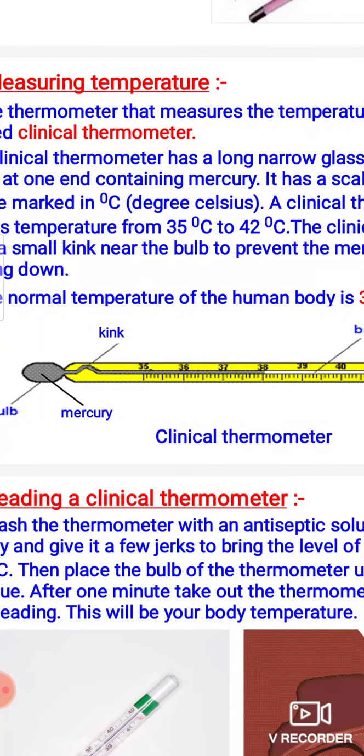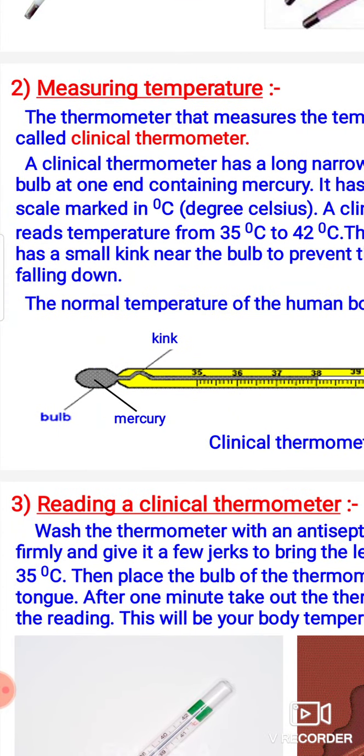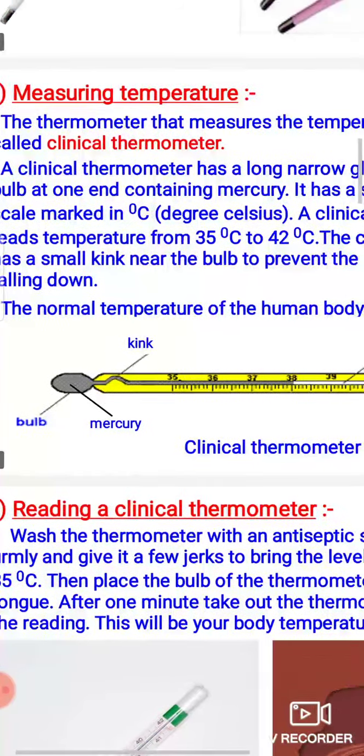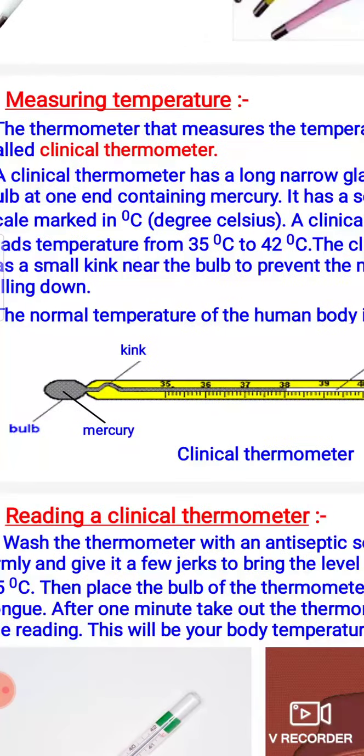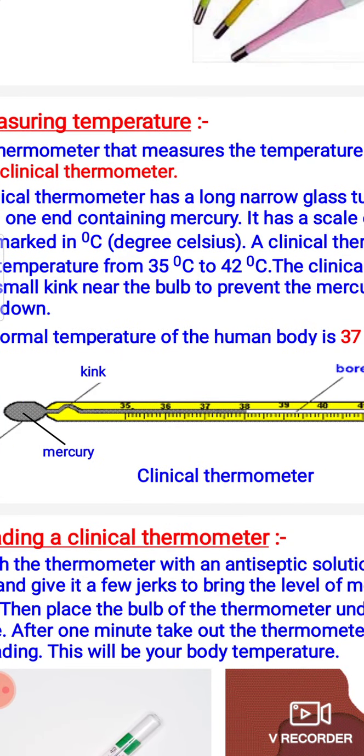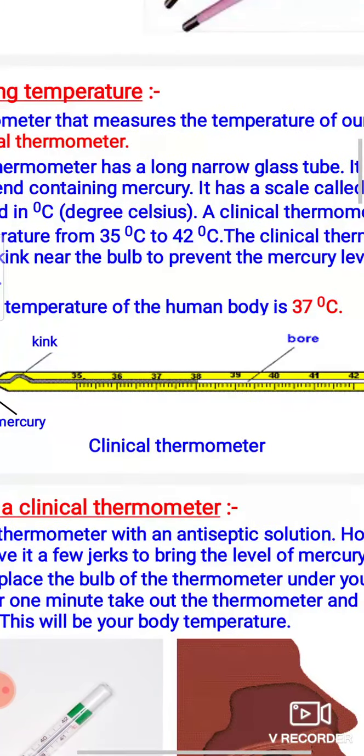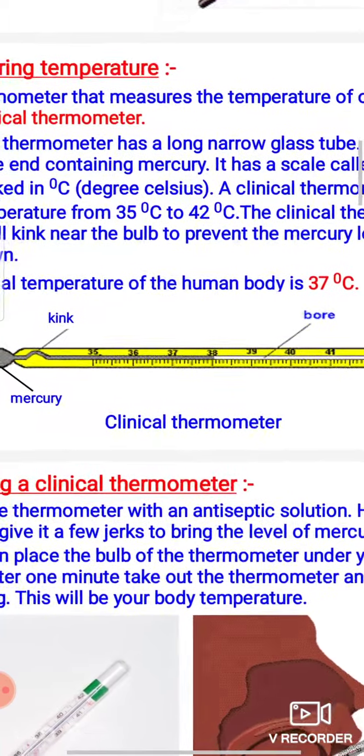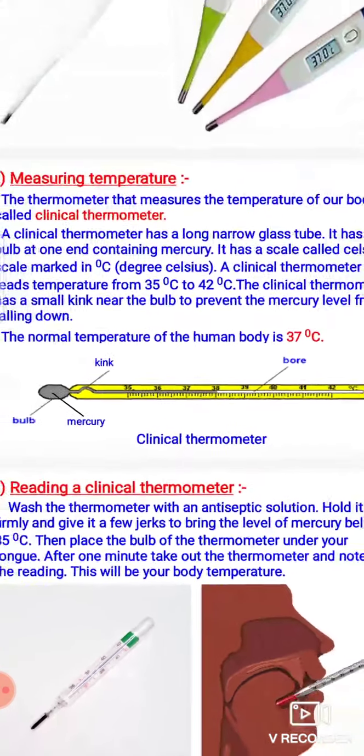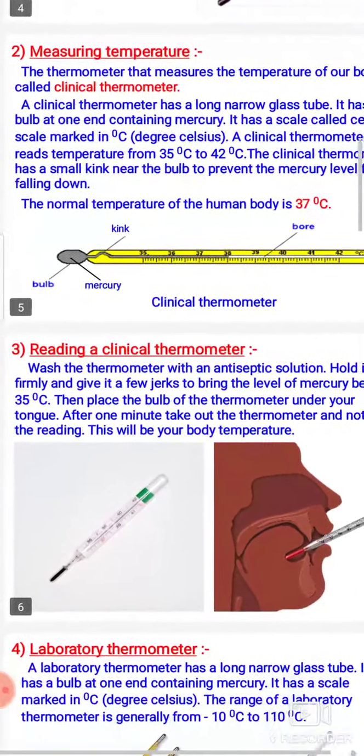So a clinical thermometer reads temperature from 35 degree centigrade to 42 degree centigrade. And what is the normal temperature of the human body, children? It is written over here, the normal temperature of the human body is 37 degree centigrade. So this is a clinical thermometer.